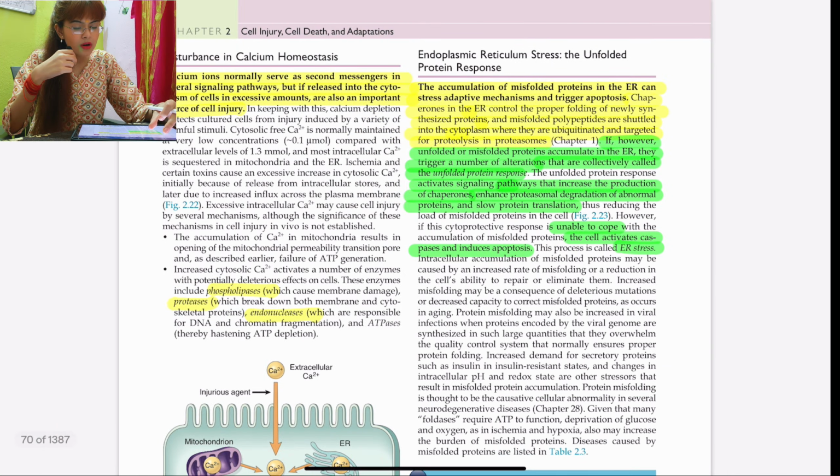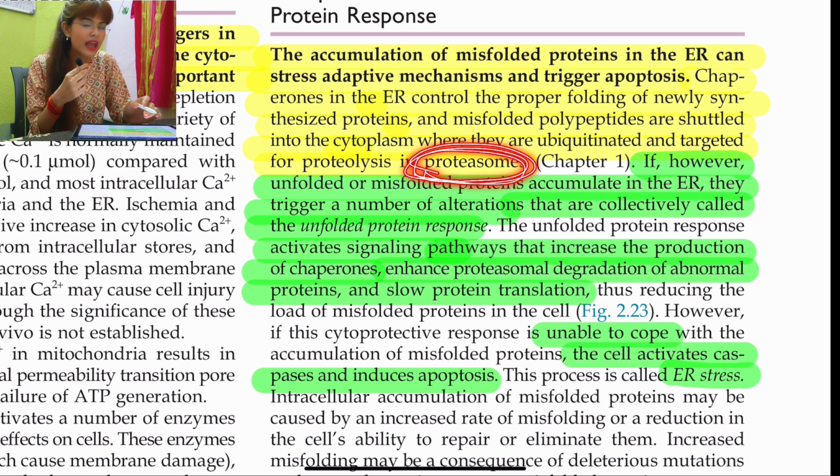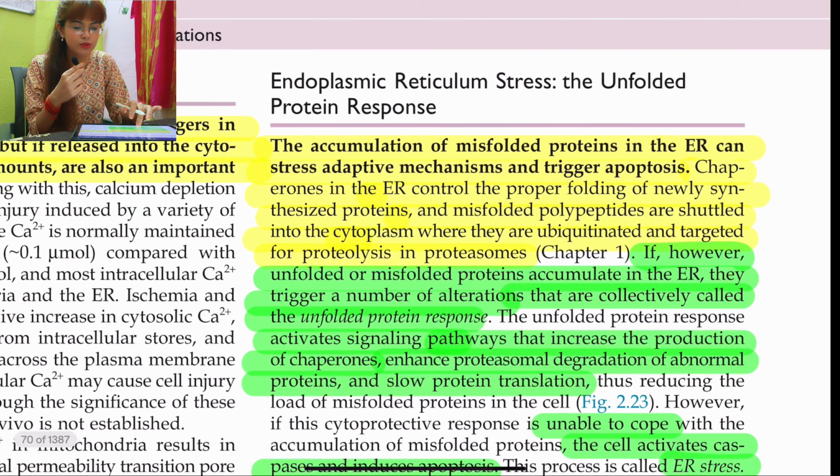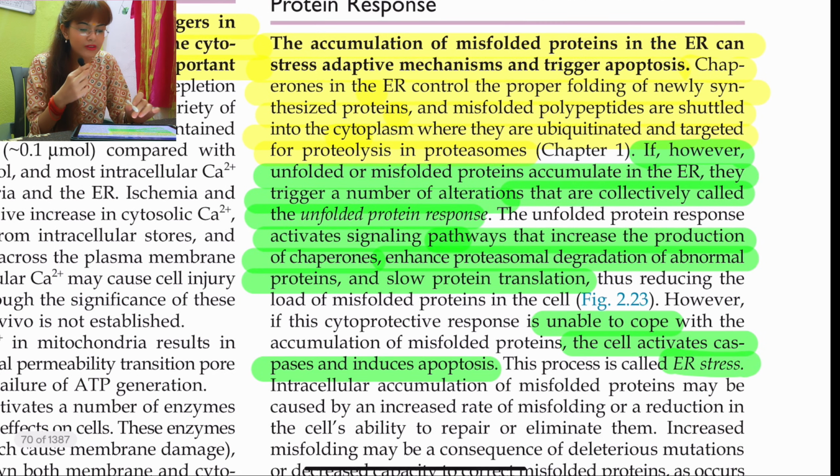And these proteasomes will only destroy those proteins which are ubiquitinated. But if these proteasomes are not able to function properly, then the unfolded protein response or the ER stress response comes into play. What will that do? That will ultimately cause an increase in the chaperones and a decrease in the protein synthesis.